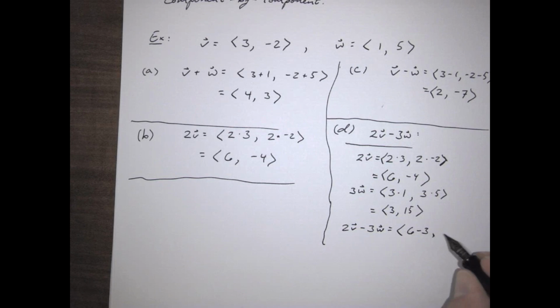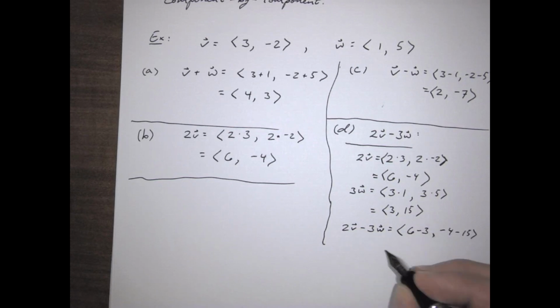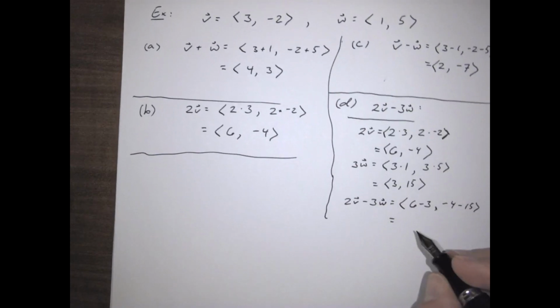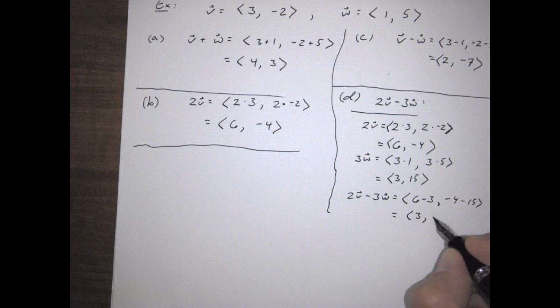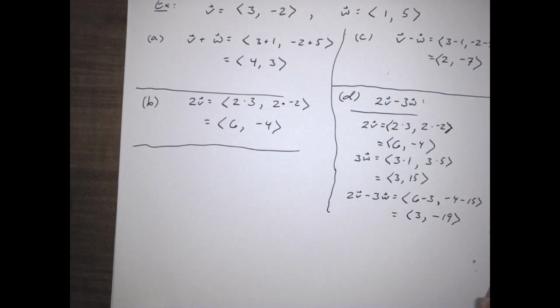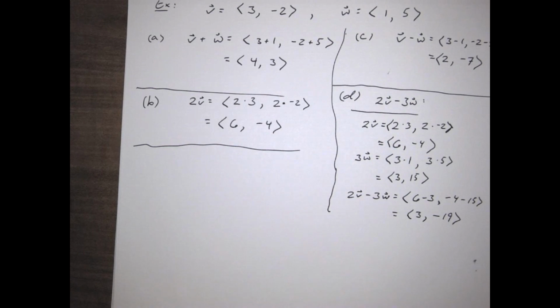Just take the two results and subtract them, and negative 4 minus 15. All right. And so then that's going to give us just 3, negative 19.